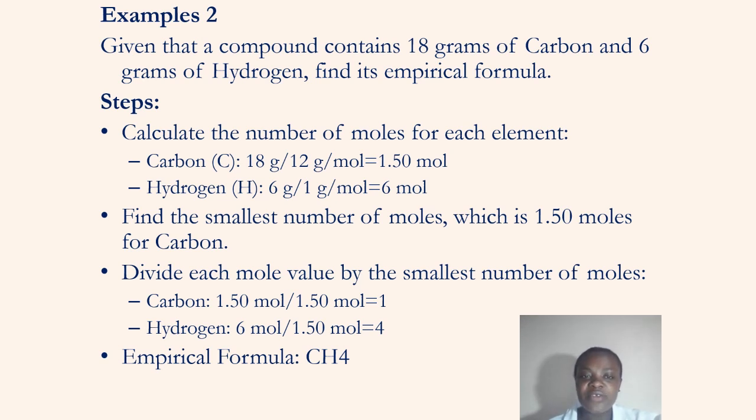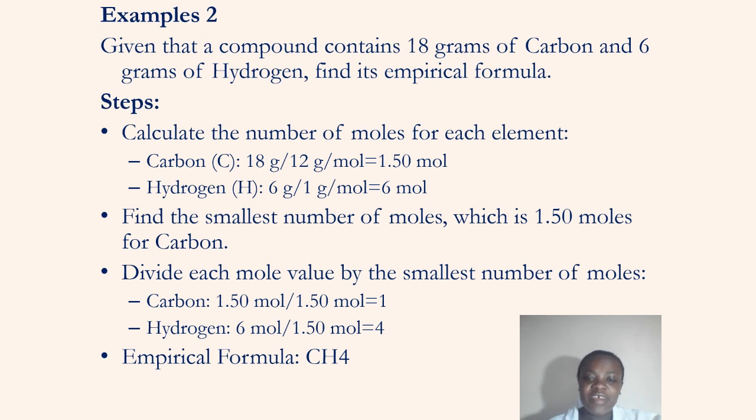As long as you have the mass, you get the moles by saying mass over molar mass. From there, you pick the smallest number of moles and divide through those other moles, whether they are 2 or 3. They can be more than 2. It is not necessary that we have only a carbon and a hydrogen. They can be more than that.